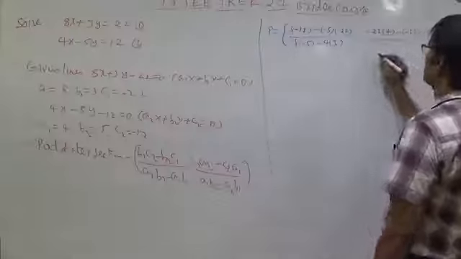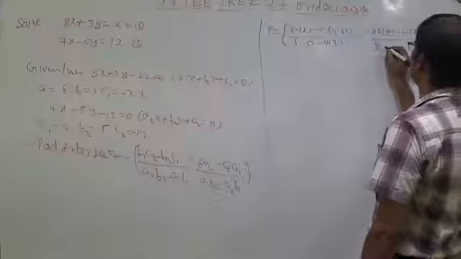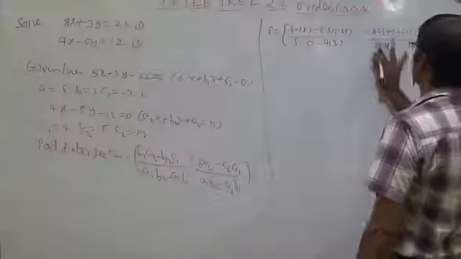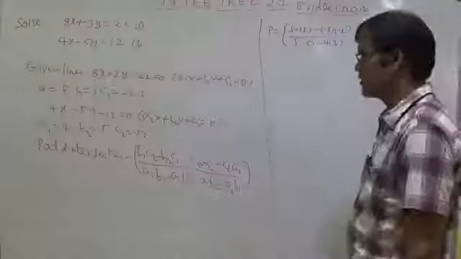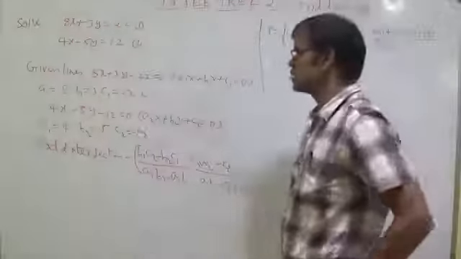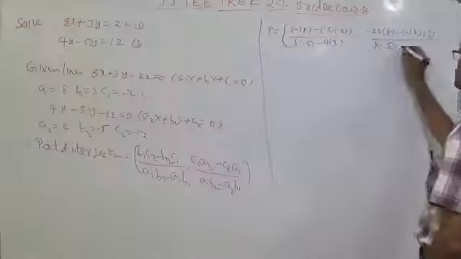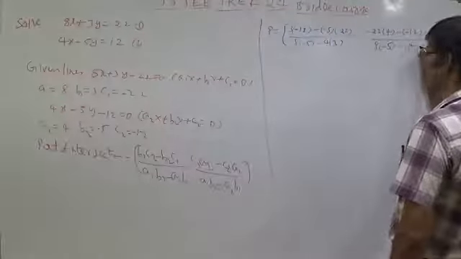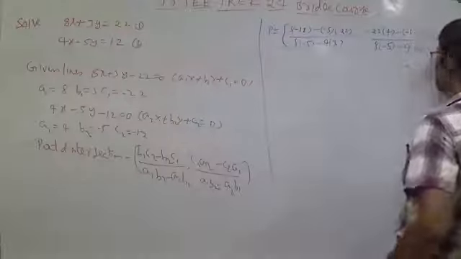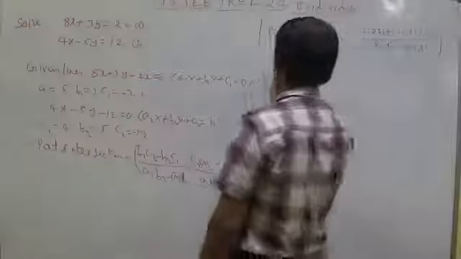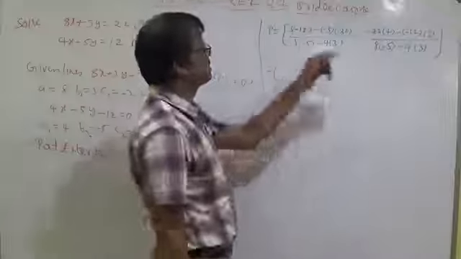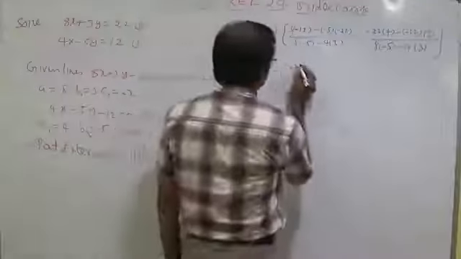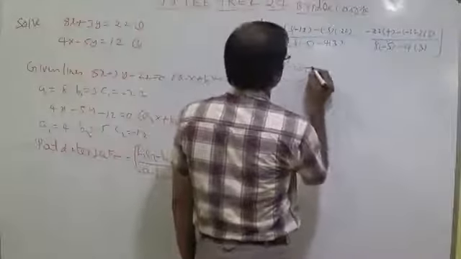By the same, this answer will be repeated because the denominator formula is the same: A1 B2 minus A2 B1, 8 into minus 5 minus A2 means 4 into B1 means 3. That's all. Now you can calculate: 3 into minus 12 is minus 36.